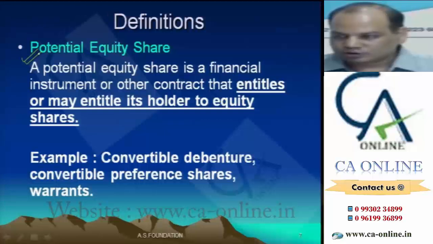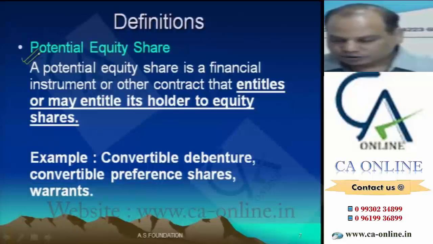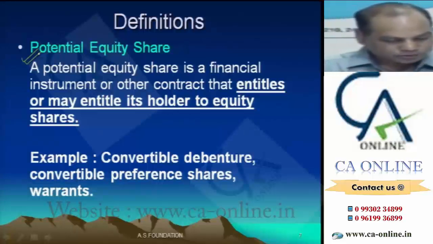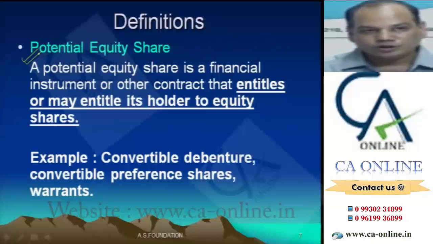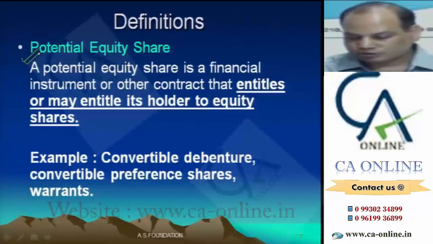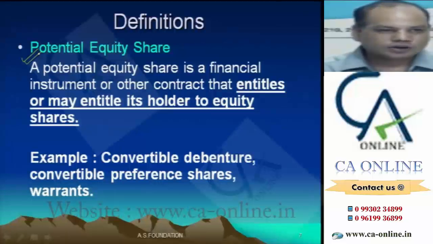All convertible instruments which are convertible into equity share. Example is convertible debenture. Then the next example would be convertible preference share or warrants. Is it right? Share warrants are also potential equity share because they are not equity shares right now. But the share warrant holder can apply to the company, pay the price and convert into share.